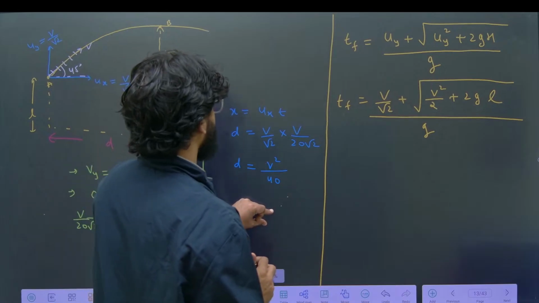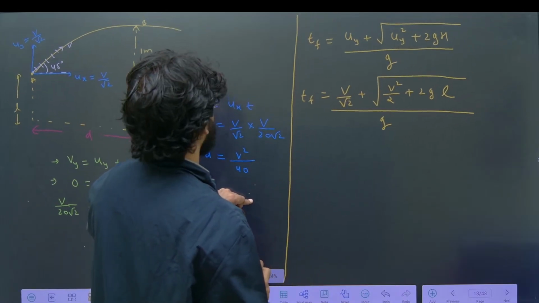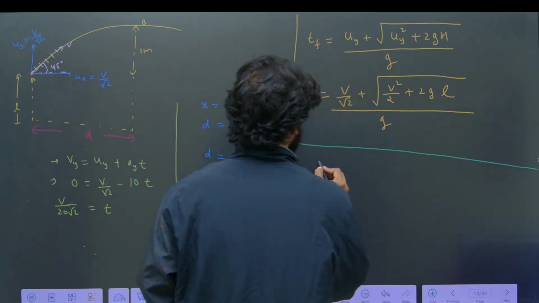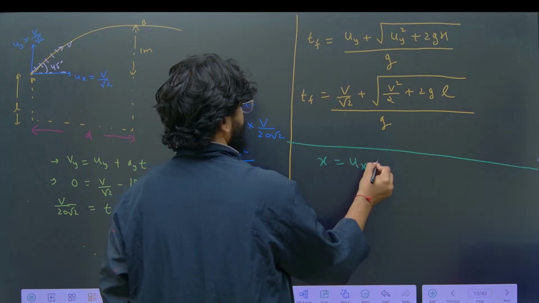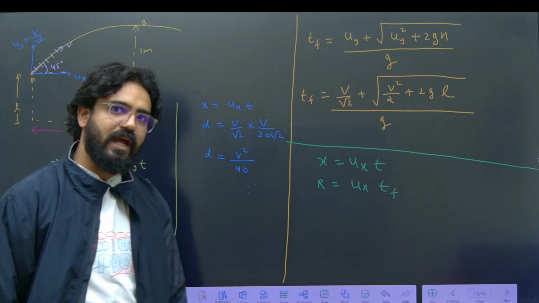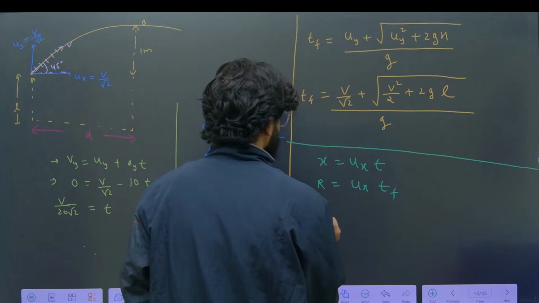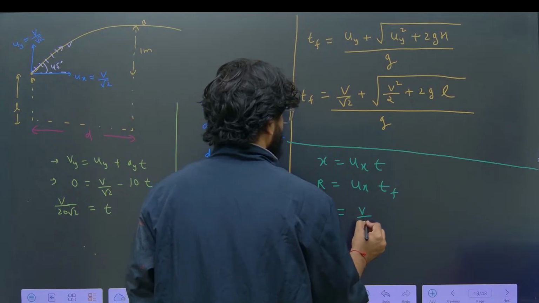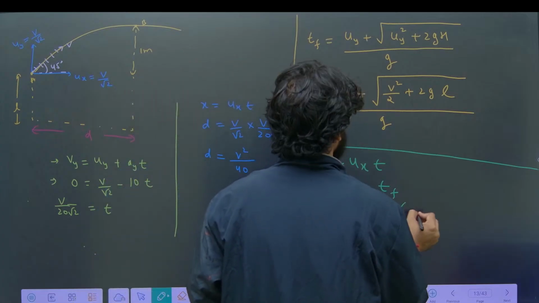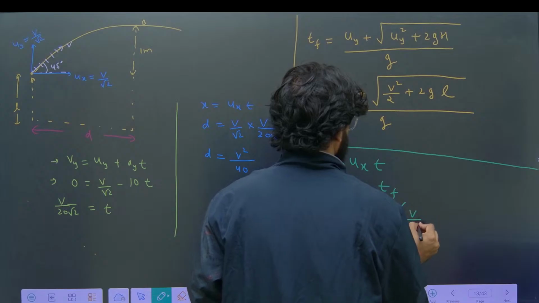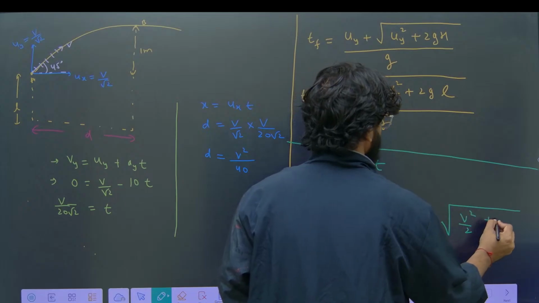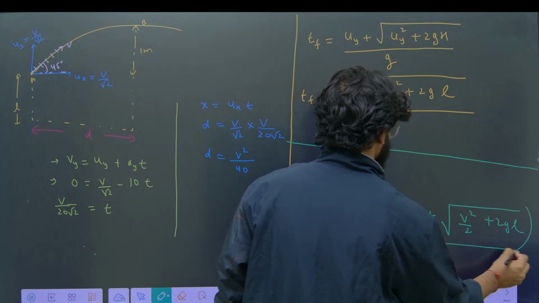And we can say the range over here will be when t becomes the time of flight. So it is 3d, ux is v by root 2, and the time of flight is this very weird number: v by root 2 plus under root v square by 2 plus 2gL, divided by g.